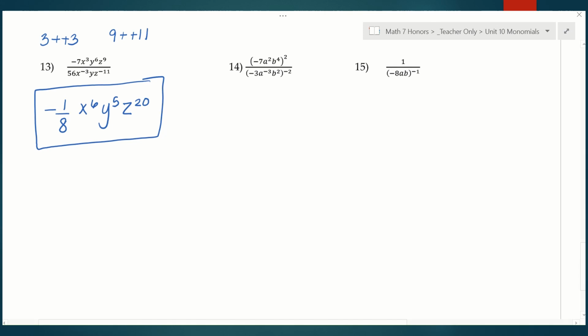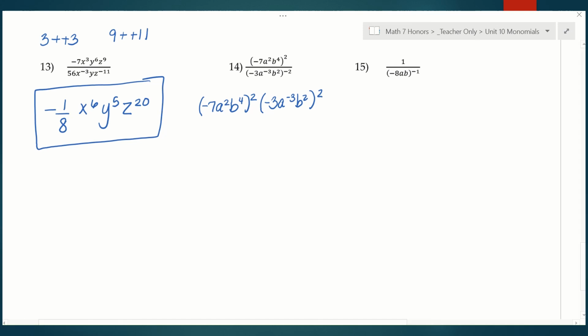Only because if we continue on with making it like 1 over, we're going to have a complex fraction to deal with. So let's try that. I'm just going to rewrite this: -7a squared b to the 4th squared. But now I'm going to multiply it by this monomial because I'm bringing it to the top. Doesn't that just look nicer already?